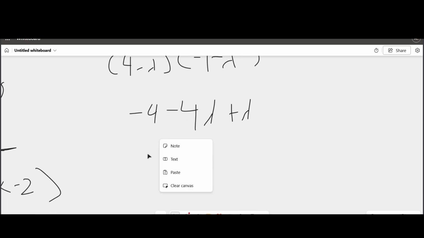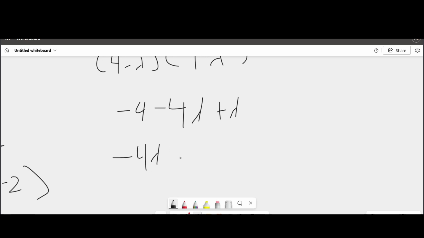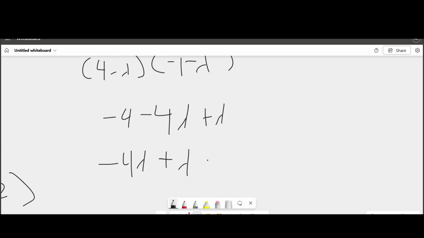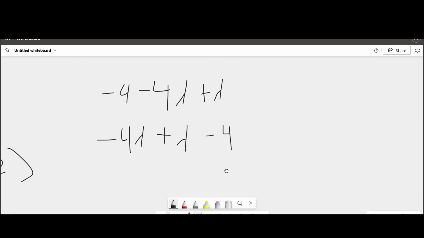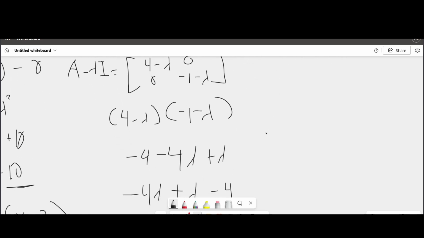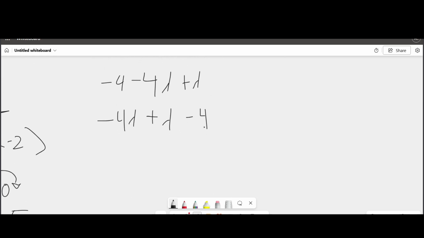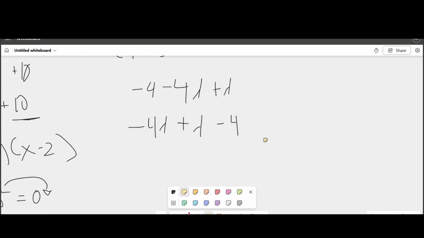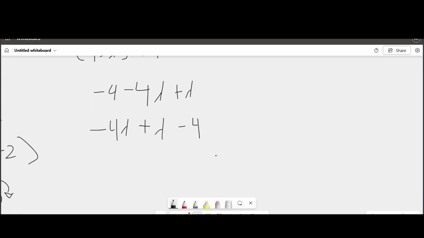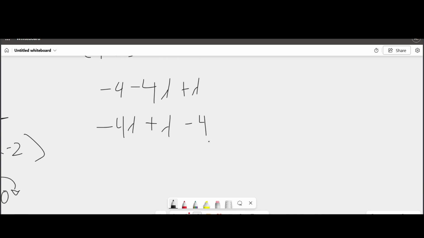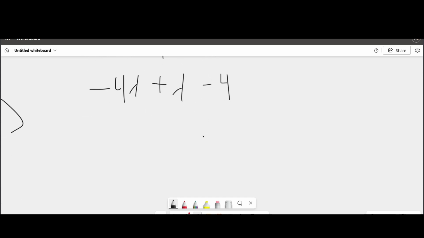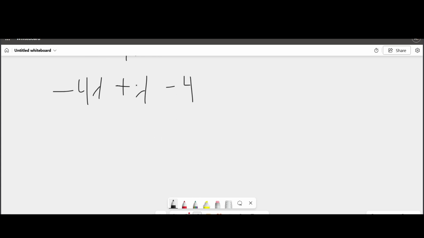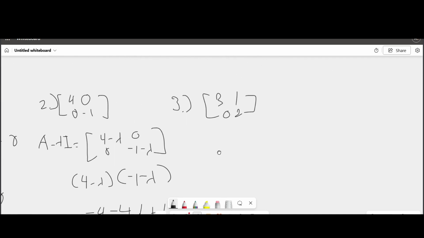Okay, so now we have lambda squared and, if I'm correct, negative 4. Let's just skip this number for now.